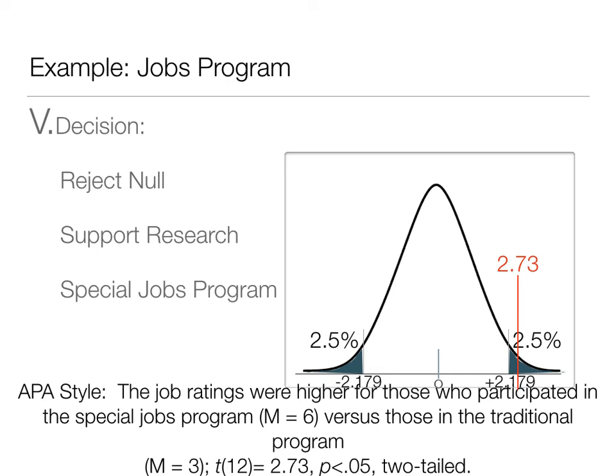That's our degrees of freedom, is equal to 2.73. That's our t-statistic that we just calculated. And we're saying that we're able to reject the null. Our p-value was less than 0.05 in a two-tailed test. That's what that APA style finding tells us really succinctly, so everybody can read that information out of that if you're familiar.